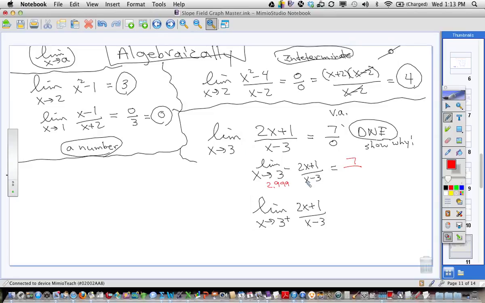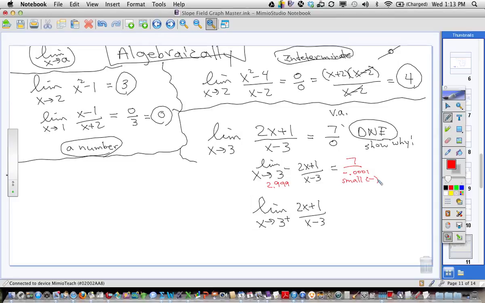But what happens on the bottom when I put 2.999 in? I get a negative 0.000, and I don't even care how many zeros you have. Matter of fact, I don't even care if you write that. If you just want to write small negative, that's good enough. But the key is it's negative. We know it's getting small.